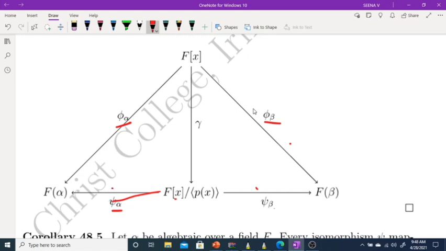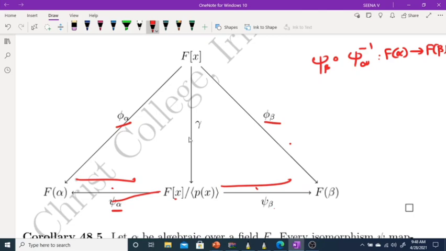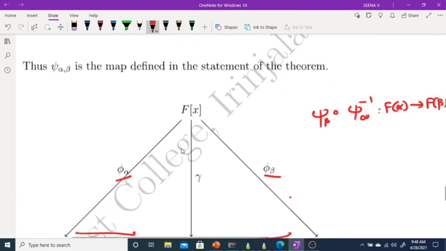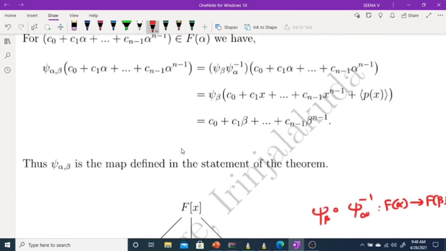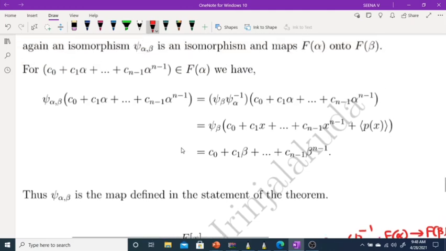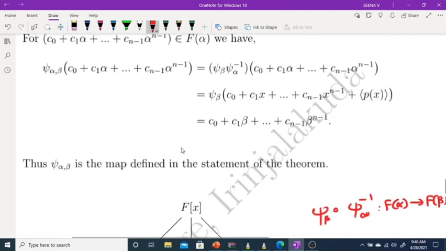So if we consider psi beta composition psi alpha inverse, then clearly it is an isomorphism from F(alpha) to F(beta), because both are one-to-one and onto. So the composition is also one-to-one and onto, and is a map from F(alpha) to F(beta).